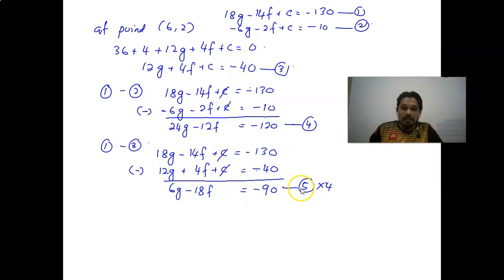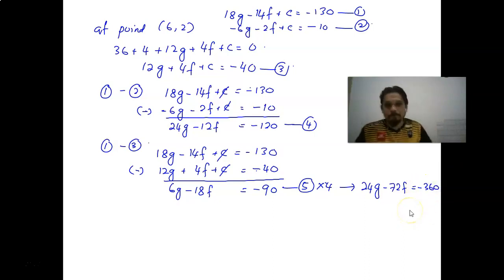Equation 5 multiplied by 4 gives 24g minus 18 times 4, which is 72f, equal to negative 90 times 4, which is negative 360.